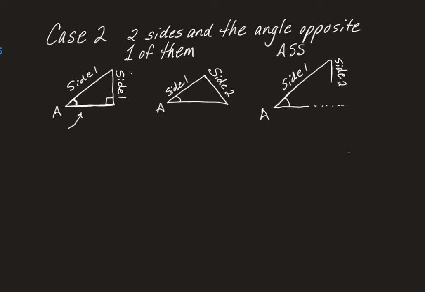Note that we can't move this side up to meet side 2, even if it were longer, because if we move it either way, we're going to change the measure of angle A. So we can't move that one, nor can we stretch side 2 because we are given a length. So all this side 2 can do is swing back and forth. You're never going to have a triangle in that case.